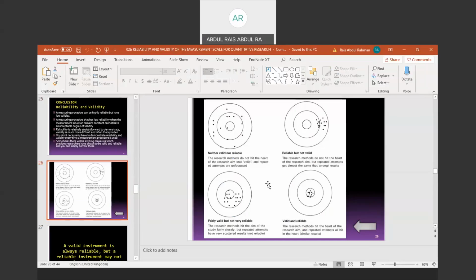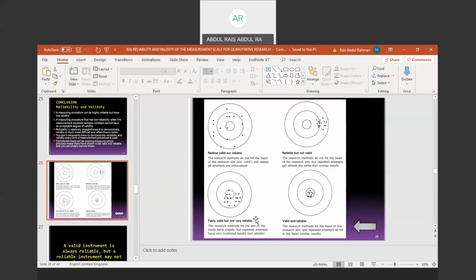The third diagram is valid but not very reliable. Only a few hit the target, tetapi ada banyak yang berada di luar target. So katakan sini, the research method hits the aim of the study fairly close, but repeated attempts have very scattered results.